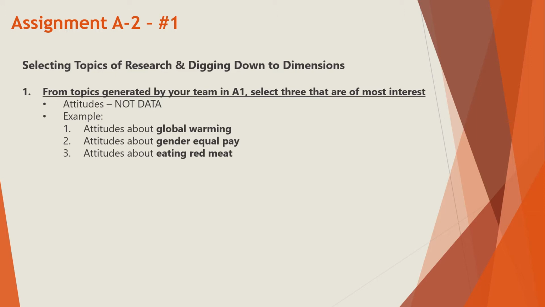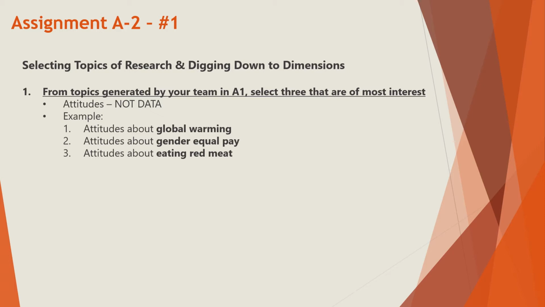This is your first answer to number 1, and it'll be written in exactly this way: attitudes about whatever your idea or construct is. So we came up with 3 ideas: global warming, equal pay by gender, and eating red meat. So notice how we wrote those. Attitudes, we're interested in attitudes about global warming, attitudes about gender pay, gender equal pay. We could have just written gender pay, pay by gender.